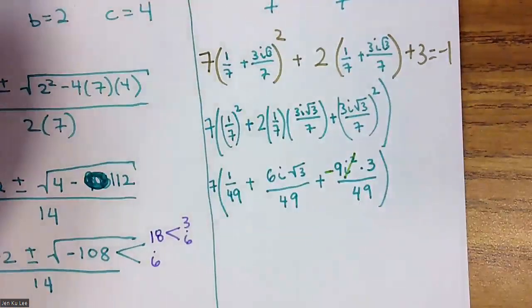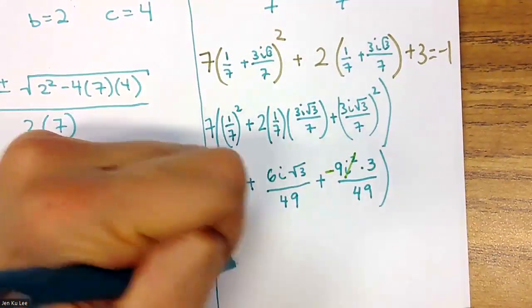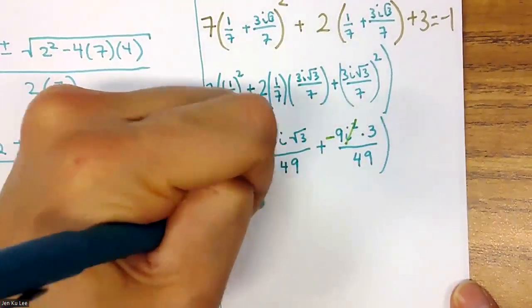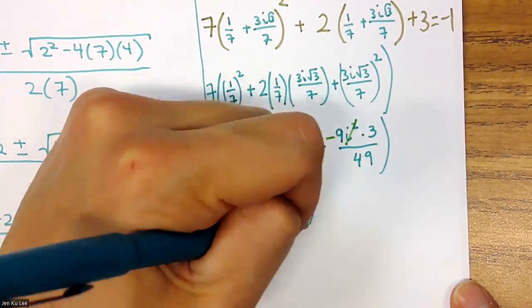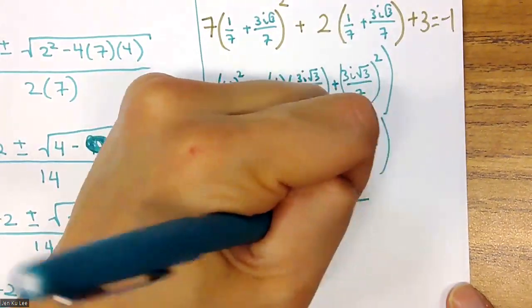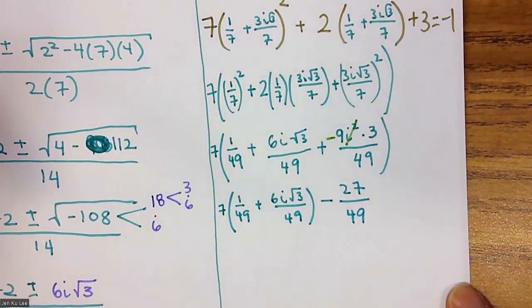So that's -9 times 3. So that's 7 times 1 over 49 plus 6i square root of 3 over 49 minus 27 over 49, because 9 times 3 is 27. Right?